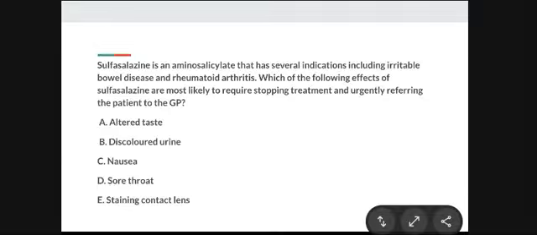What's the advice regarding fluid intake and sulfasalazine? Does anyone know? Patients should reduce their fluid intake while on sulfasalazine. Is that true or false?